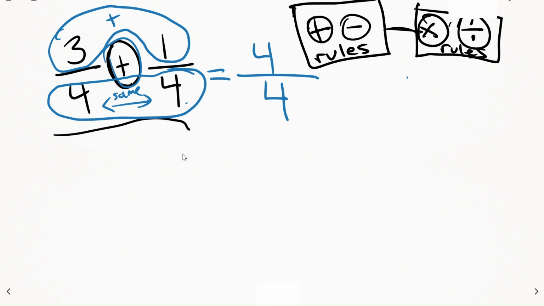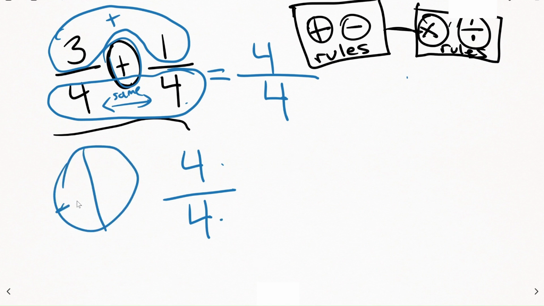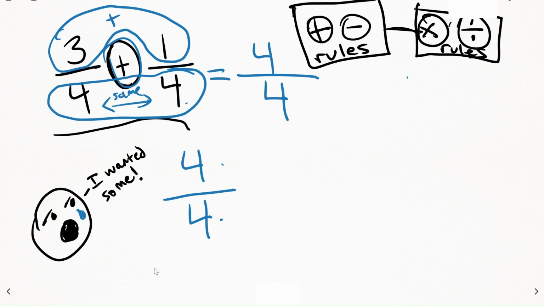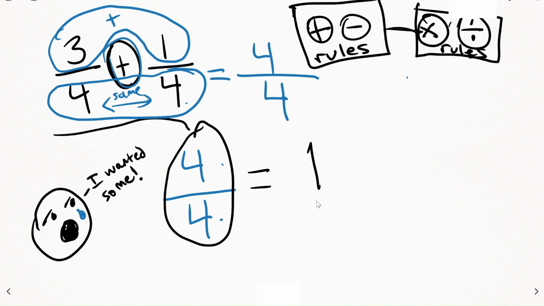And now we've gotten to the point where I will tell you that when you have the same number on top as you do on bottom, 4/4, well, if we have pizza divided up into 4, and we eat 1, 2, 3, 4 slices, that pizza is going to be gone. We ate it all. So 4/4 is the exact same thing as 1. We ate 1 whole pizza.